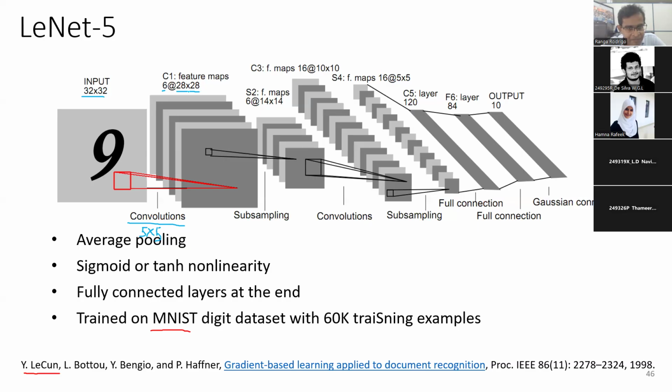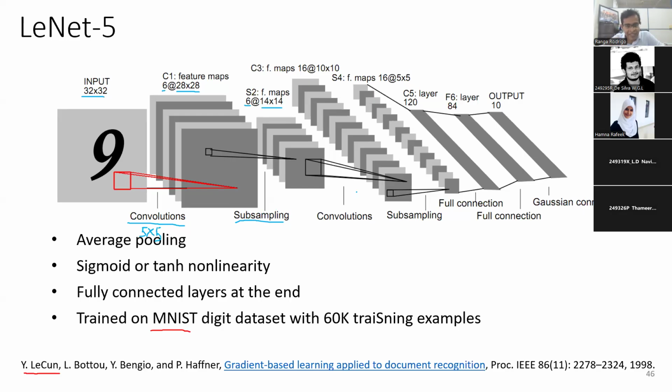Then he is doing subsampling and it resulted in a 14 by 14 map. Of course, subsampling does not reduce the number of channels or the depth of the map. So you can see he must have run 2 by 2 max pooling or average pooling with stride 2.